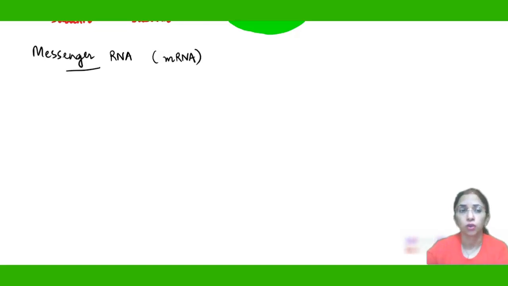Now why are we calling it messenger? Because it is bringing the information from the DNA and passing the same information to the cytoplasm. So it is working as a messenger. It is bringing the information from somewhere and it is acting somewhere. That's why it is known as the messenger of the cell.